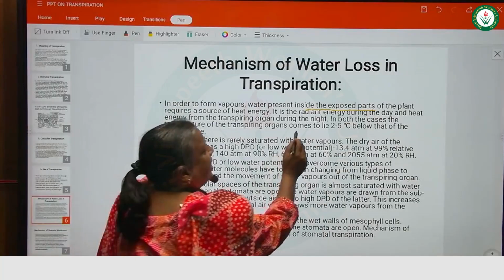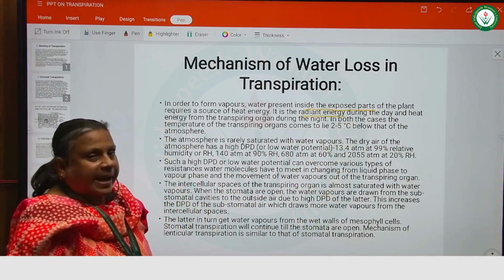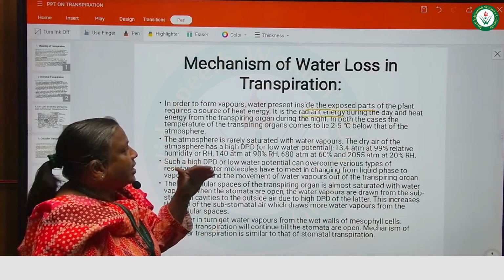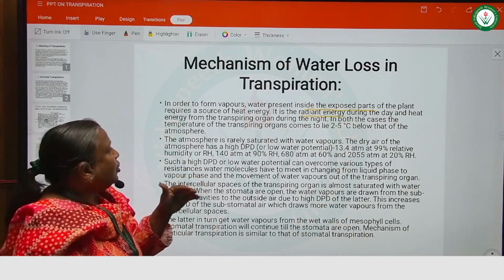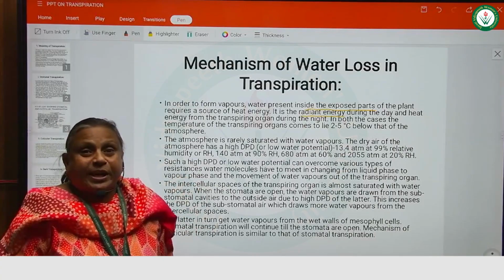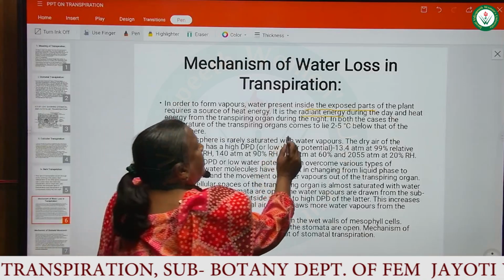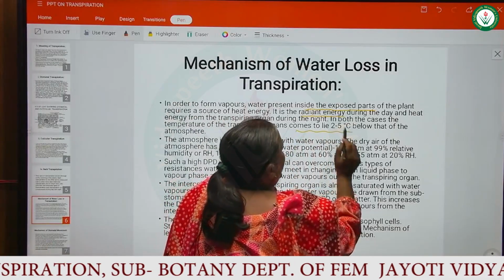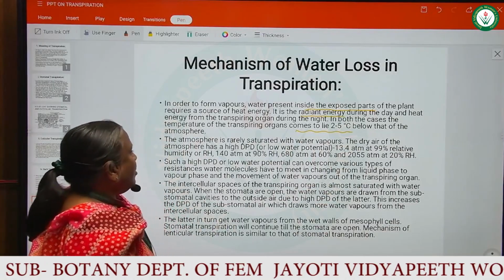It is the radiant energy during the day and heat energy from the transpiring organ during the night. In both cases, the temperature of the transpiring organs comes to lie 2 to 5 degrees centigrade below that of the atmosphere.